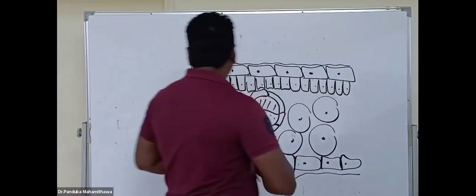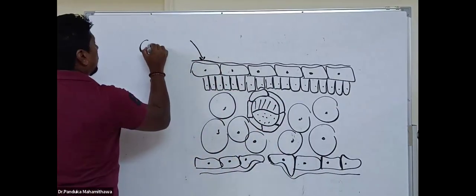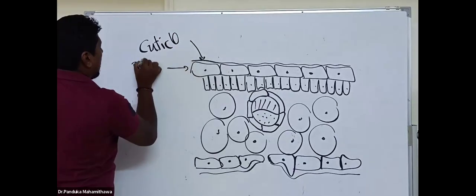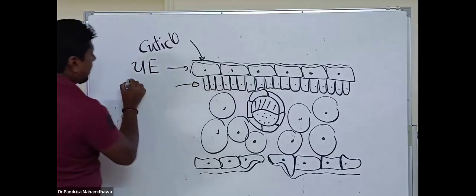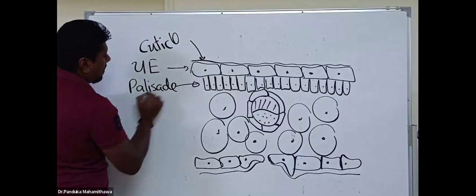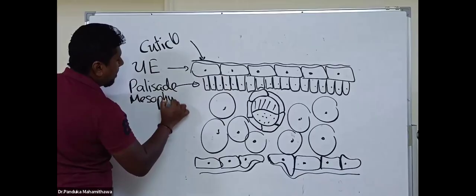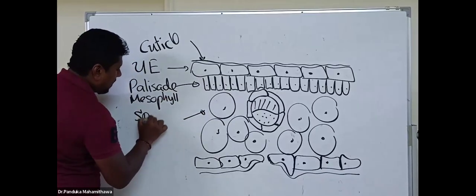I will name this one. This is the cuticle, and this is the upper epidermis. This is the palisade mesophyll. This is the spongy mesophyll.